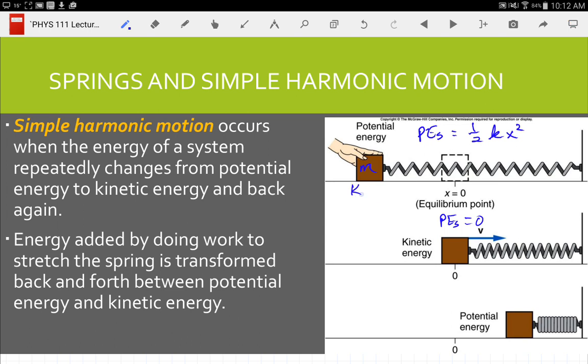Here the kinetic energy was 0. You start from rest. But because it's moving, it's going to keep moving. We learned about the law of inertia, that things tend to go unless a force acts on them. So its momentum, the topic we're coming to, is going to make it keep going, and it'll compress the spring again. So when it gets back here, all of that kinetic energy has been converted back to potential energy.